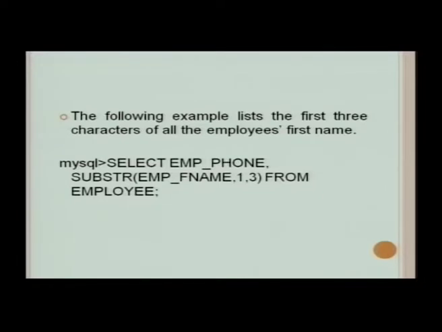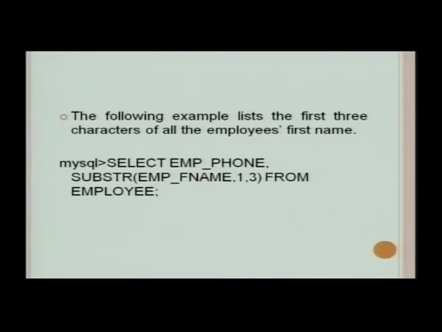There is one example listed over here to list the first 3 characters of all employees' first names. There is an employee table, and by using this SQL statement, the employee phone along with only the first 3 characters of the employee's first name will be displayed as the output.